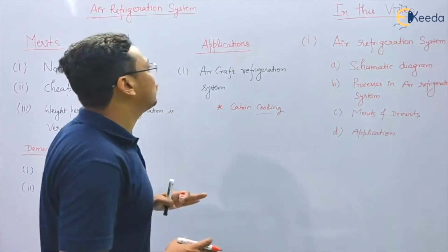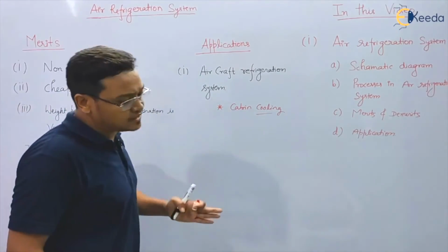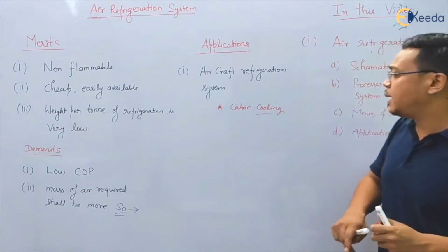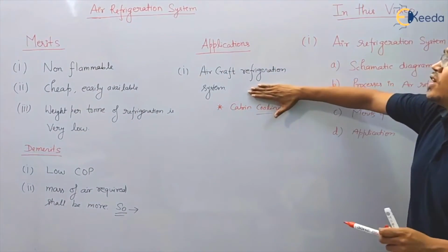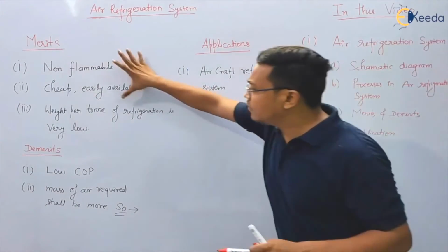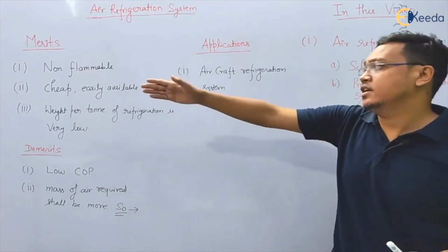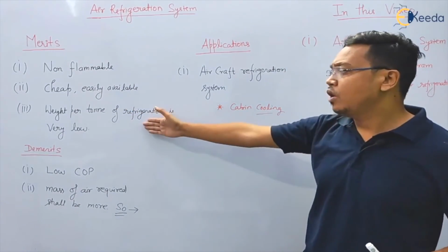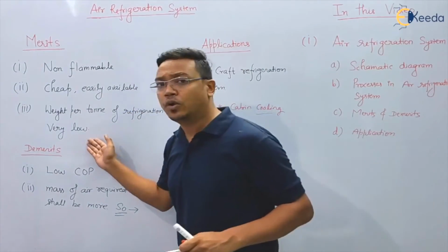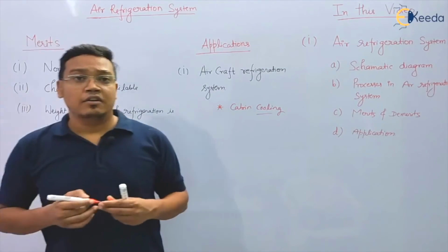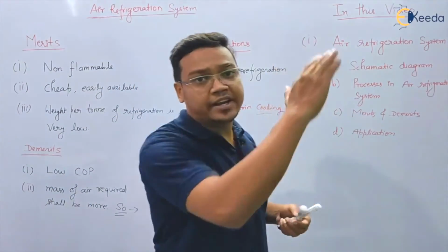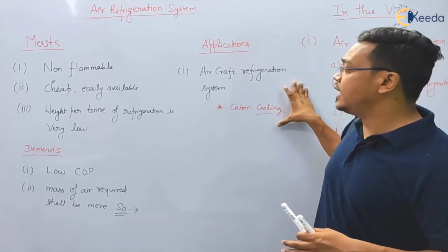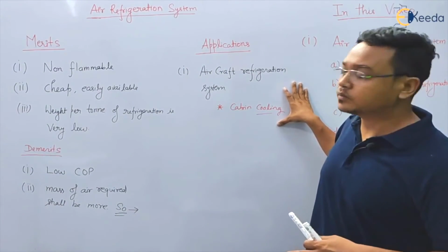Just remember here the application of air refrigeration system: it has application in aircraft refrigeration system because of these merits. Because it is non-flammable, cheap and easily available, weight per ton of refrigeration is very low, because aircraft has to fly in the air. That's why it is used in aircraft refrigeration system.